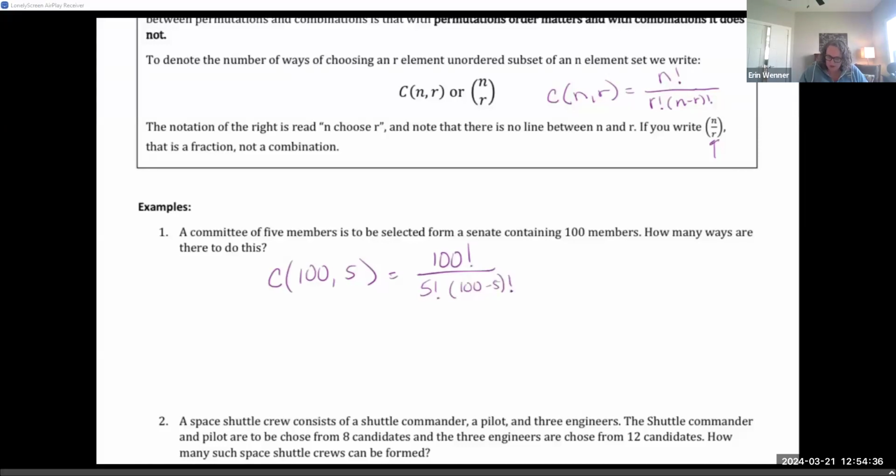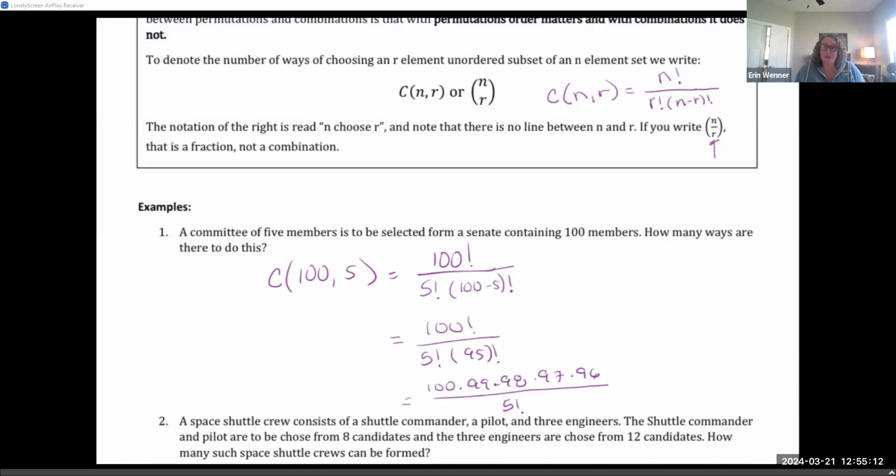To simplify, it's 100 factorial over 5 factorial times 95 factorial, which continuing to simplify would be 100 times 99 times 98 times 97 times 96 all over 5 factorial. What I did there is I took the 95 factorial out of the numerator and the denominator. You'll see these can get kind of tedious. My expectation is that you are using your technology to solve these.